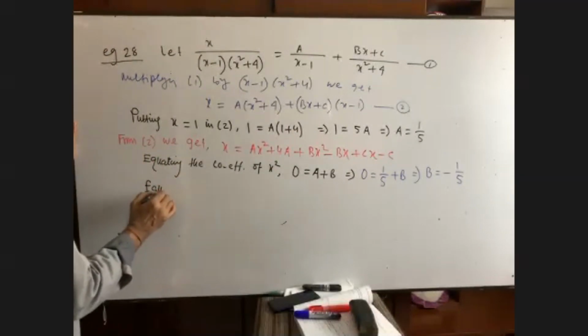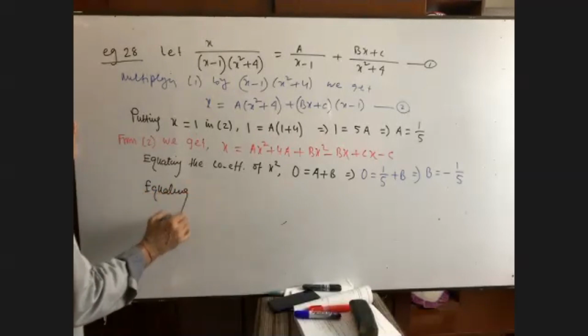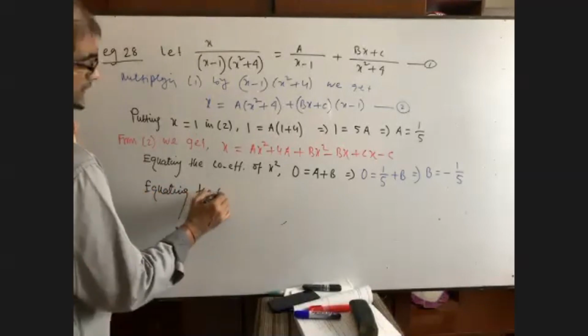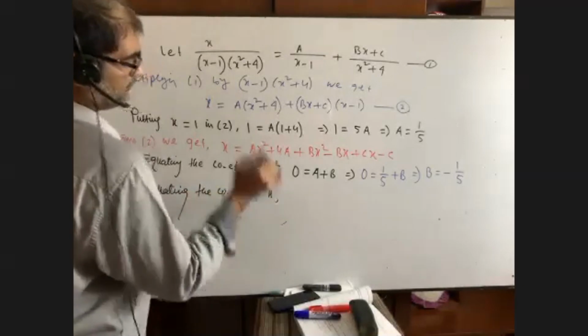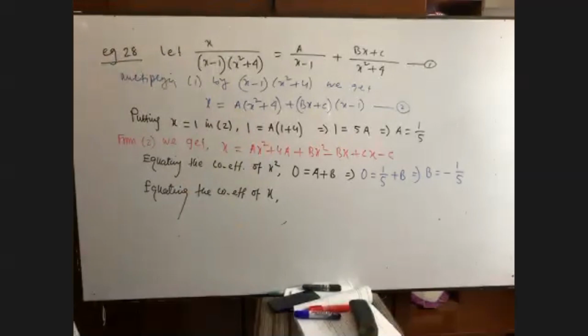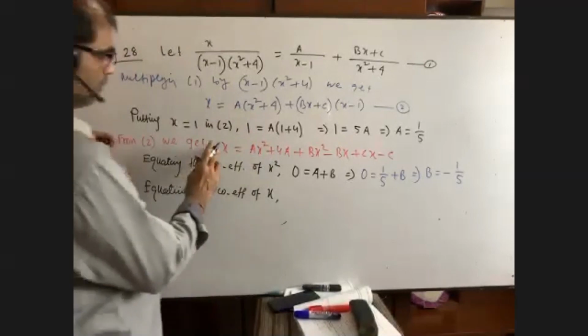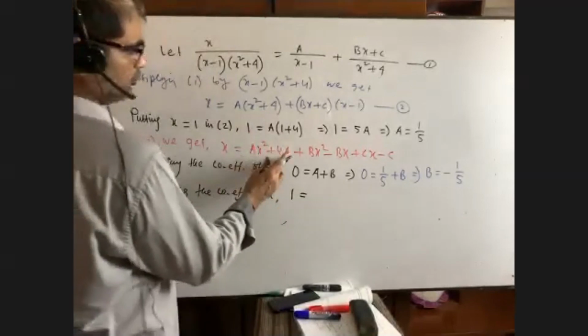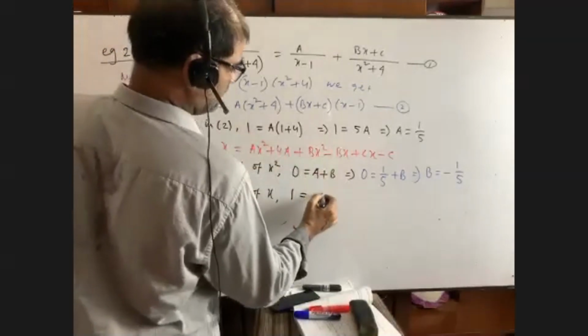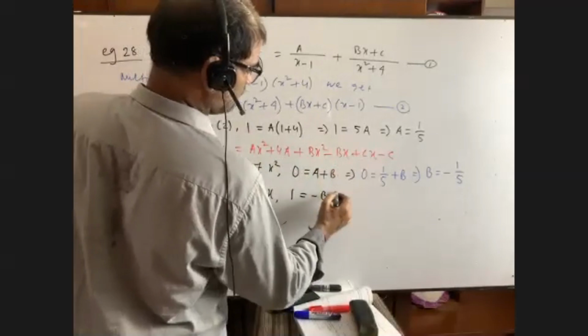But I won't do that. Equating the coefficient of x, then we are getting here only 1. It is 1 is equal to no x, no x, no x, here x minus b, here x plus c.